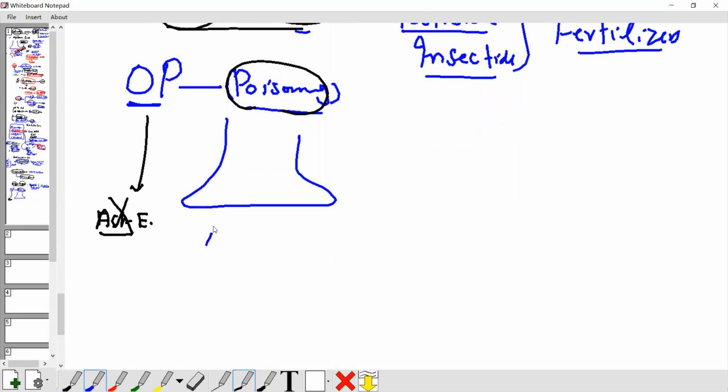If this enzyme is blocked, then what happens with acetylcholine? Acetylcholine level increases. Clear? What happens in the patient? If some person drinks or eats pesticide or insecticide as a suicide attempt, it's organophosphate.